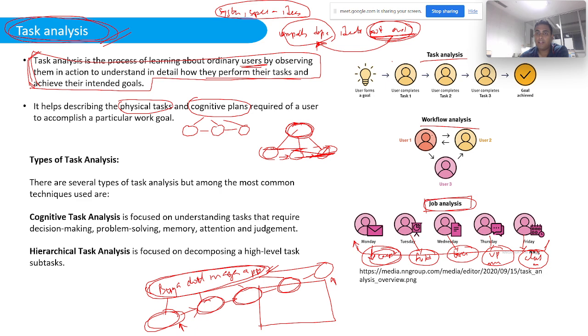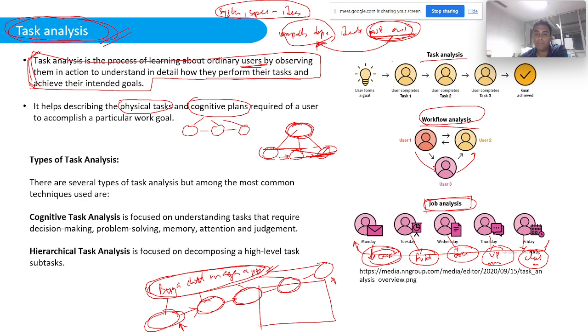Now workflow analysis is about cooperation between different stakeholders. It explains how a particular task is done collectively within the stakeholders.